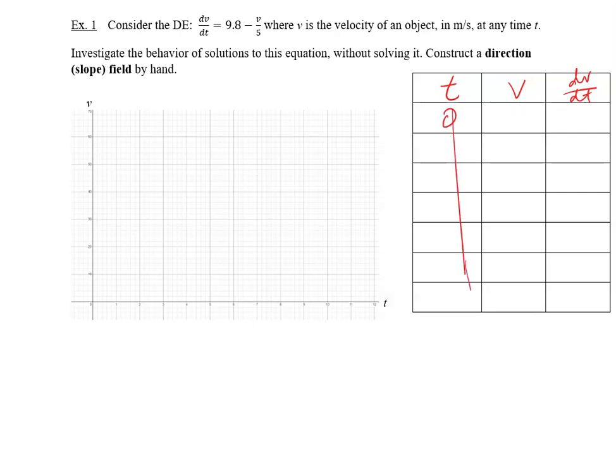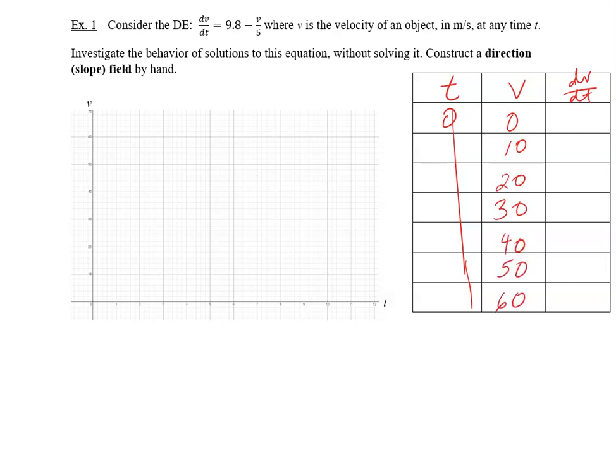So I'm not going to worry about this column, although sometimes it does matter because you'll have both variables on this side. So I'm going to worry about the v's instead. Notice I've scaled this by tens, because we're going to divide by 5. So I have 0, and then 10, 20, 30, 40, 50, and then 60.